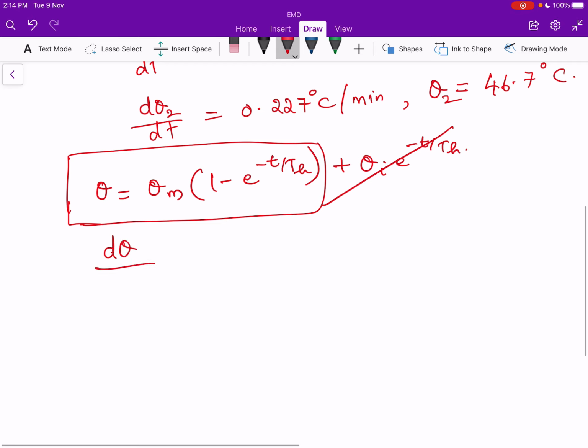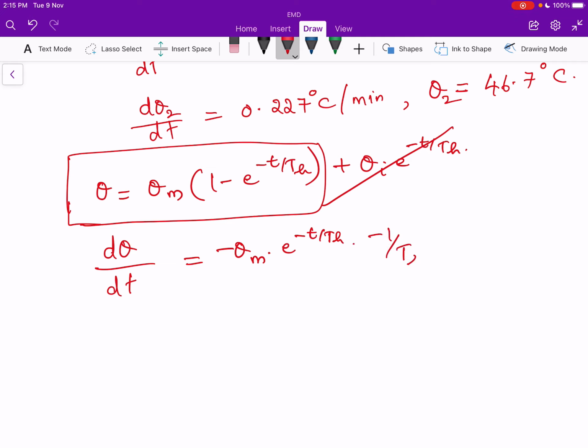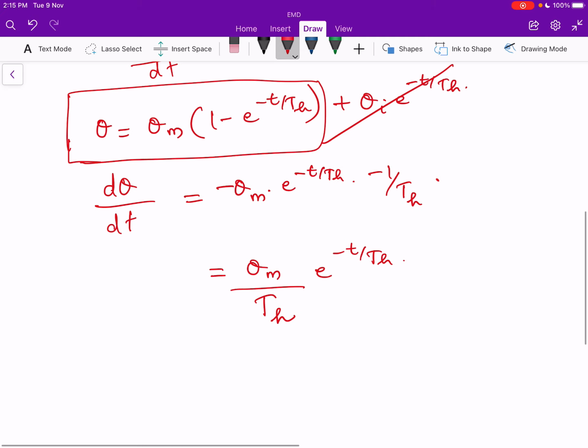We get d theta by dt equal to d theta m by dt, which is 0, and then minus theta m into the derivative of e raised to minus t by Th, which is minus 1 by Th. So we can write this as theta m by Th into e raised to minus t by Th. So this is the expression for d theta by dt.